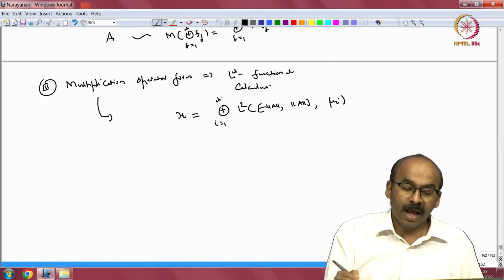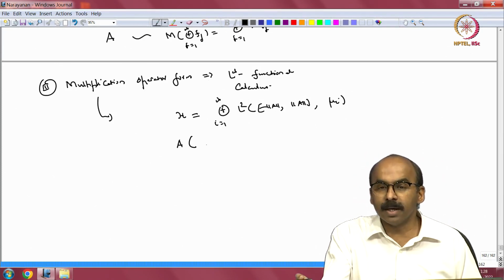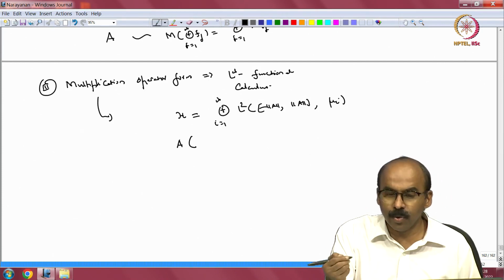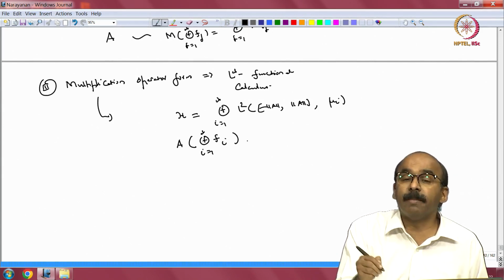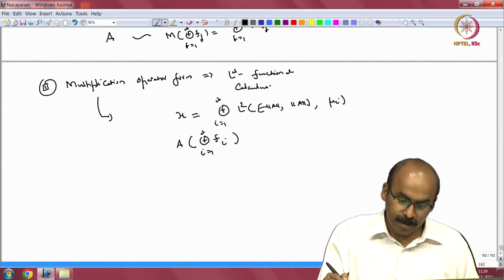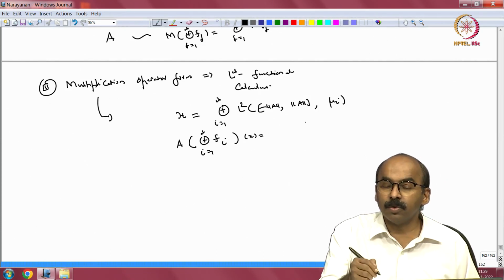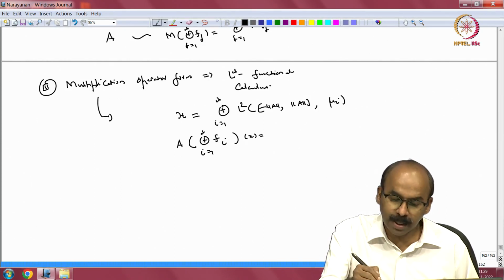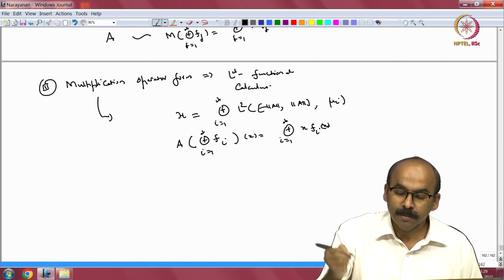And A acting on, so after taking the unitary copy, I will just write A instead of u A u inverse and so on, direct sum f i, i equal to 1 to infinity, is an element in the Hilbert space, and it is supposed to give me a function, and I evaluate it at the point x. This is simply direct sum i equal to 1 to infinity x times f i of x, right.